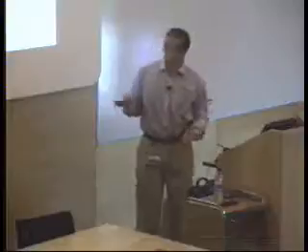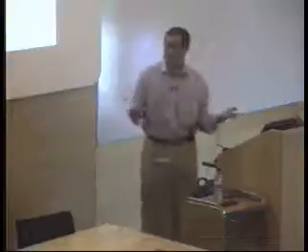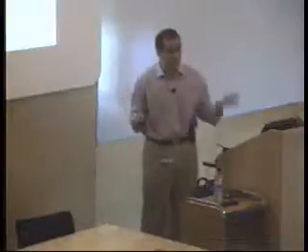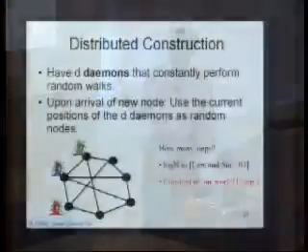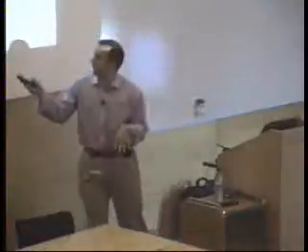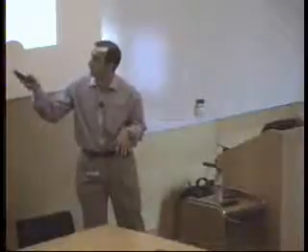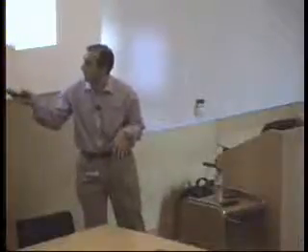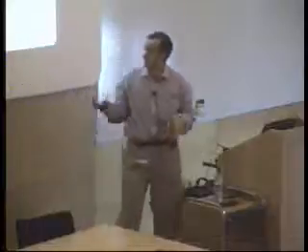We have proposed an algorithm that maintains a topology with such characteristics. In our proposal, we have assumed that there are some daemons that walk around in the network, going from a node to neighboring nodes at random. These daemons can move the next step to any of these neighboring nodes.